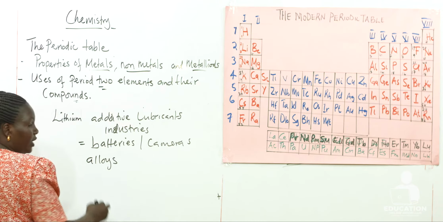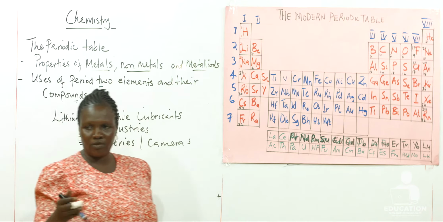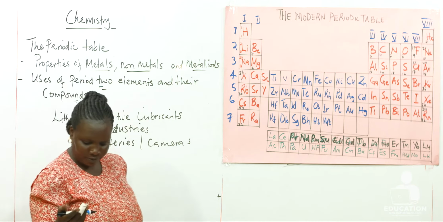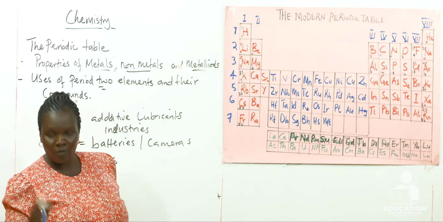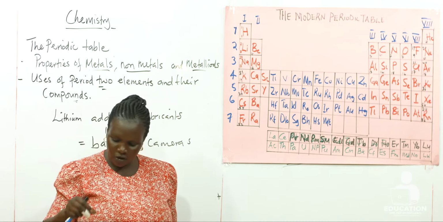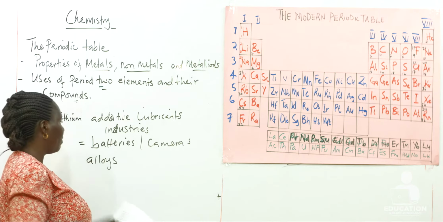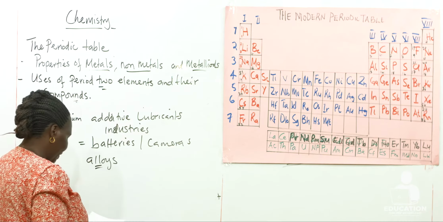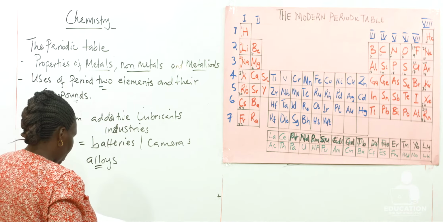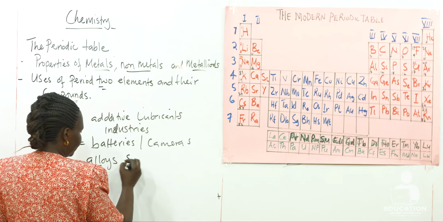An alloy is a mixture of 2 metals mixed or combined together to give us a different substance. An alloy is a solid or liquid mixture of 2 or more metals, and the alloy is usually different from the starting elements that combine together. So lithium is used in making alloys, and these alloys are used in space.